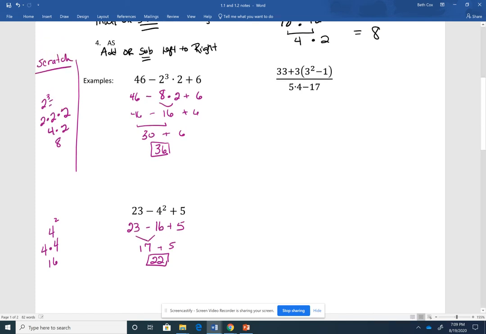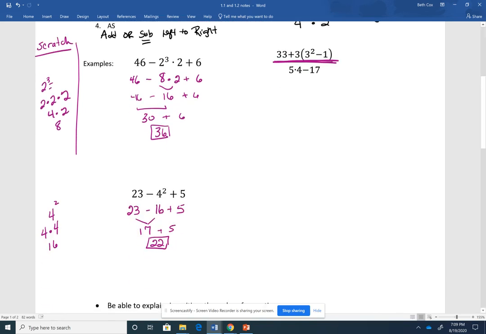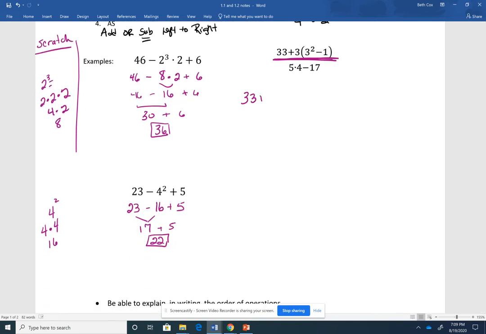Okay. Now this last one over here, we have a division. This fraction is a division. A fraction has always been division. I'm going to do the numerator and the denominator, because they're grouping symbols, and then I'm going to divide them.